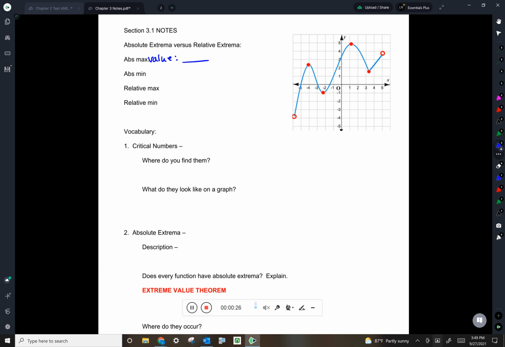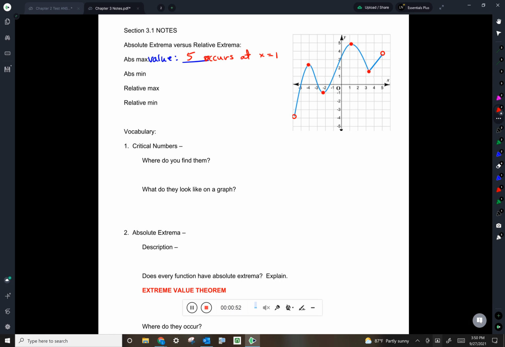Well, you look at the graph, it looks like the highest point on there is probably right here, when the y value is 5. And so what we would say is the maximum value is 5. Now, we could say that it occurs at x equals 1, but the actual maximum value is 5.